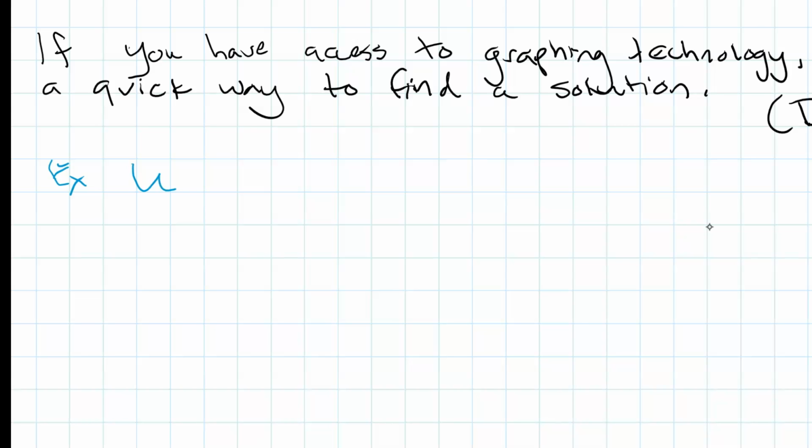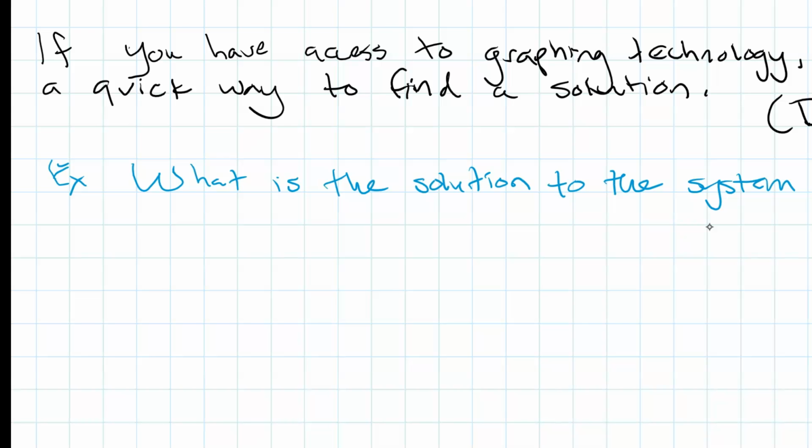Another example. What is the solution to the system 5x plus 5y equals 17 and x minus y equals -1.